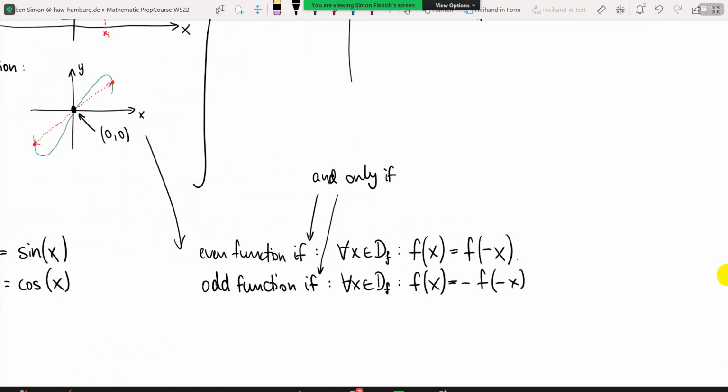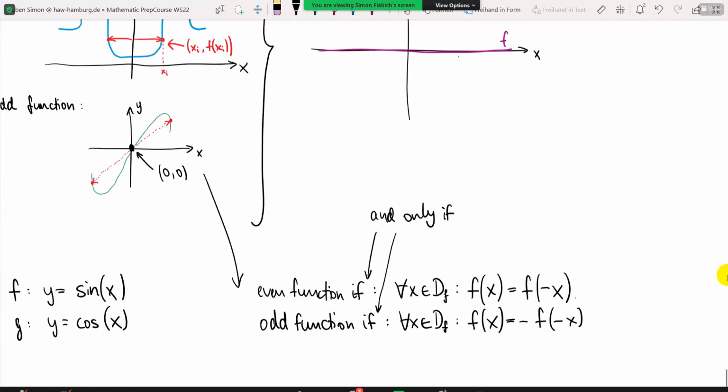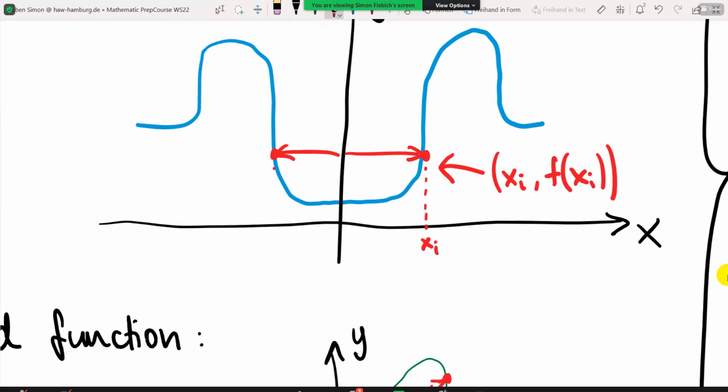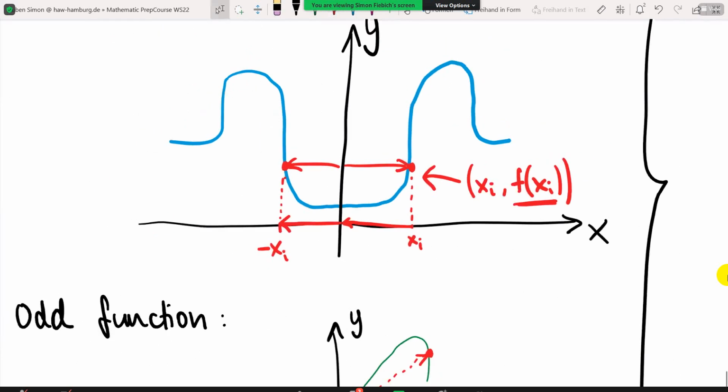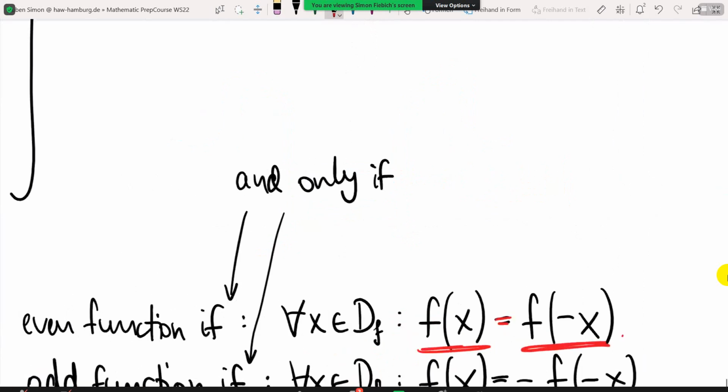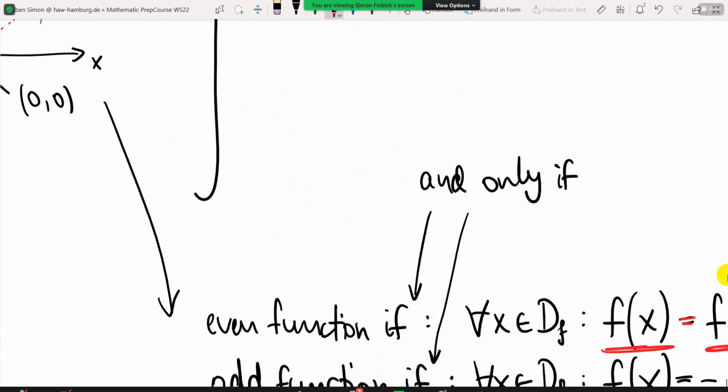So of course, negative of this would be negative xi. So we would go xi to there and xi now to the left, and there would be negative xi. And then we have to go up the same way. So that's what the equation says. The same way upwards, because it needs to be the same value as f of x. It needs to be the same y value for the function at this position as well.